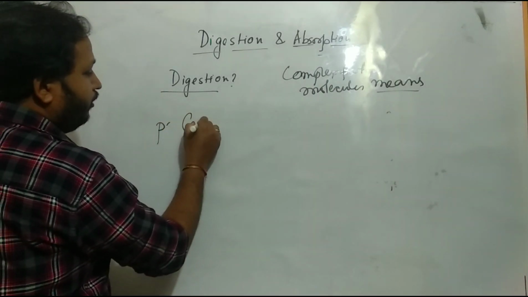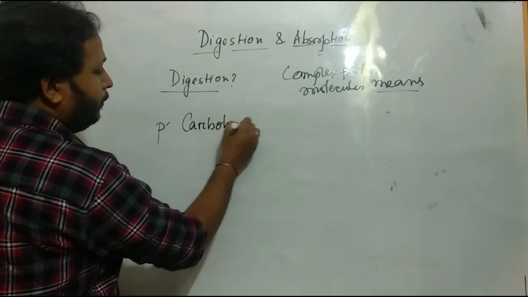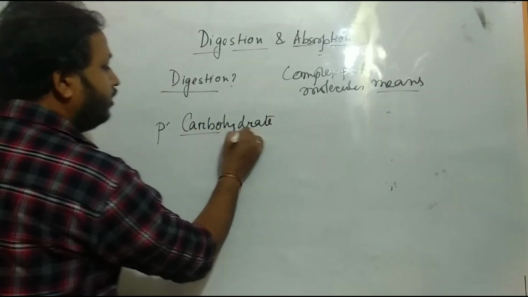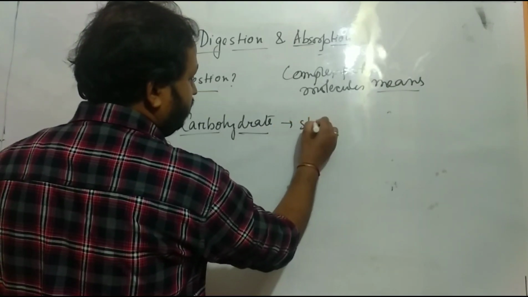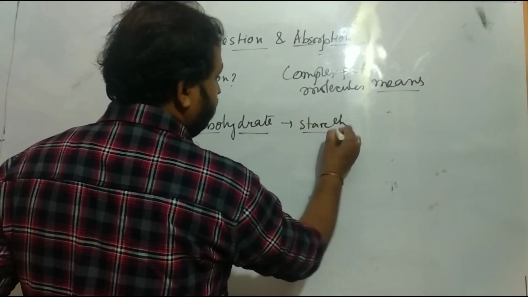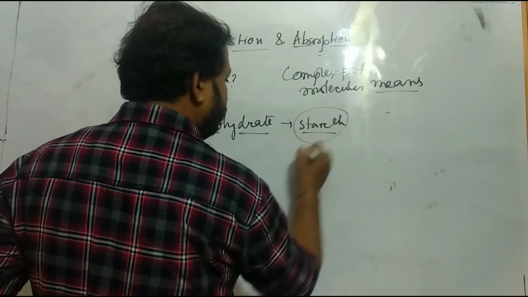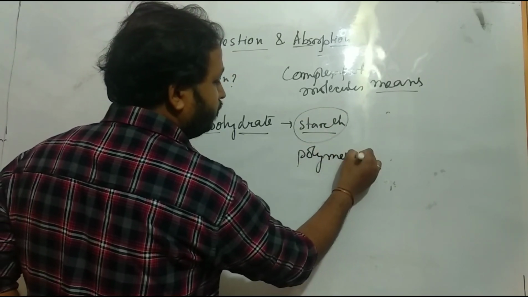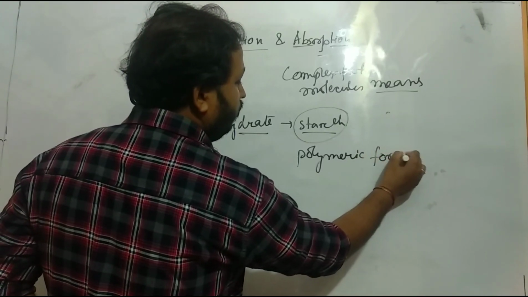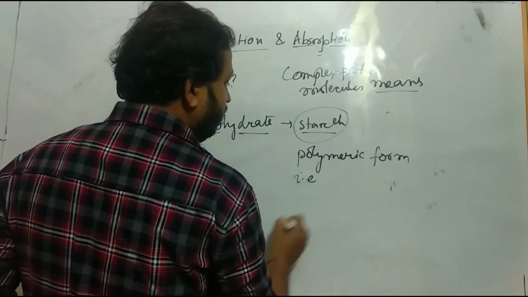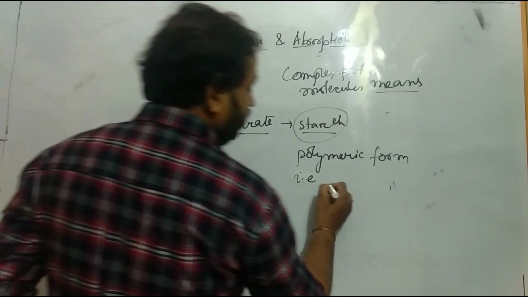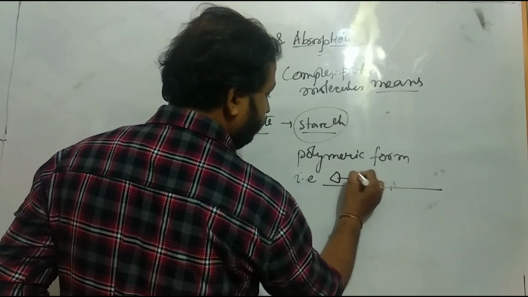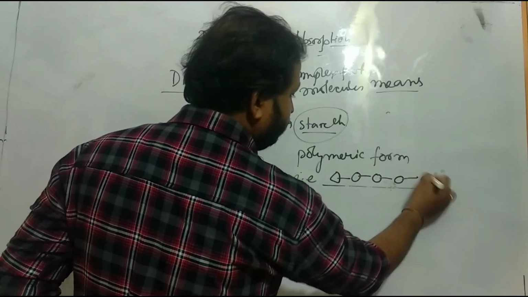For example, carbohydrate we take in the form of starch. This starch is actually in polymeric form, that is, it is in large form. For example, this is a unit of monosaccharide, then it is in large form.